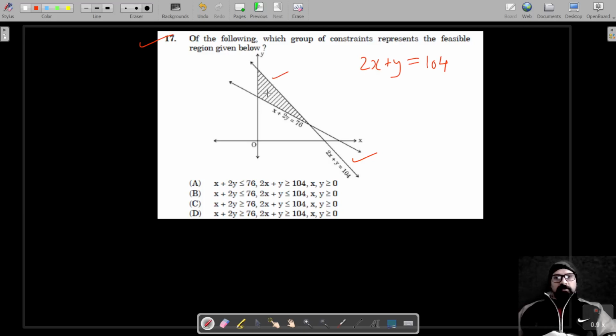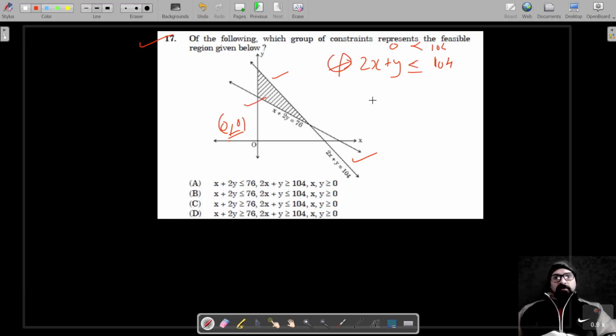To get the common region, its feasible region should be towards the origin, so it should satisfy the coordinate 0, 0. If I put 0 in 2x plus y, it gives me 0, and 0 is less than 104, so this should be less than or equal to 104. This is the first one.